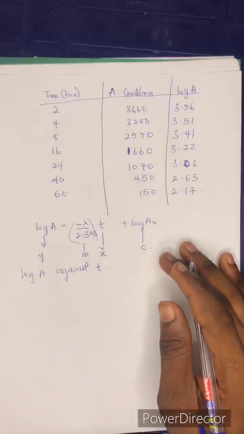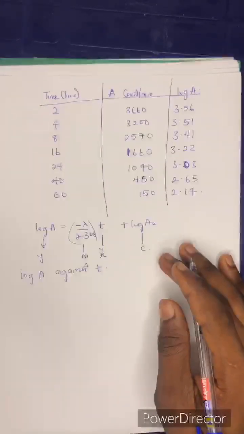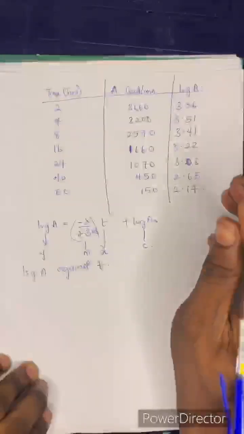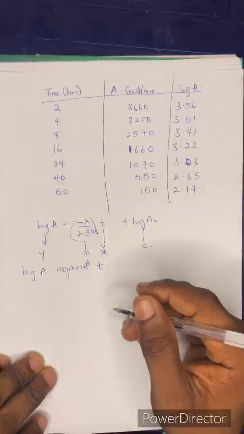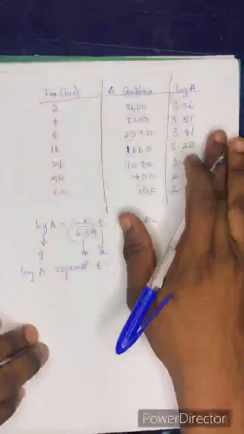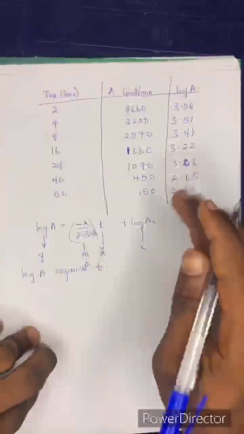So this is what we have. So this is basically what we have been given. So we're going to plot our graph based on all this information that we have.